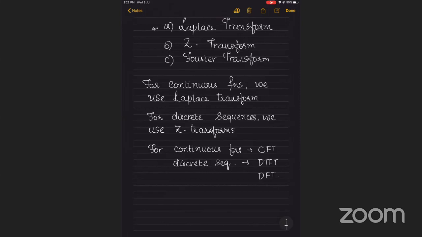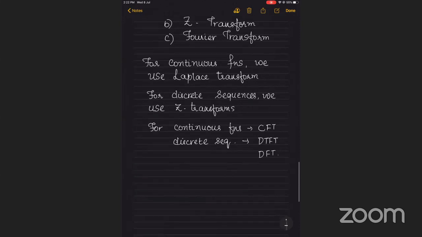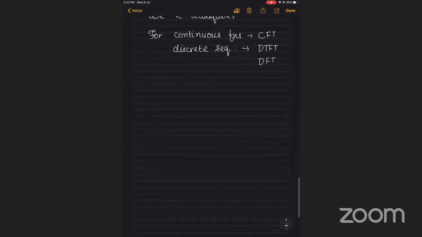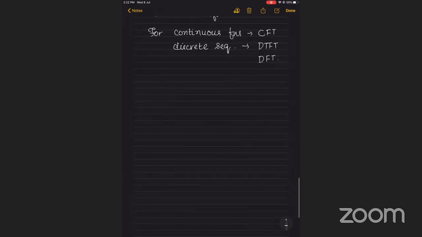Now, what are the advantages of using these transforms? What is the purpose of using Laplace transform? We said for Laplace transform, we basically require the function to be continuous. So let's quickly look at this Laplace transform, Z transform, etc. So Laplace transform.